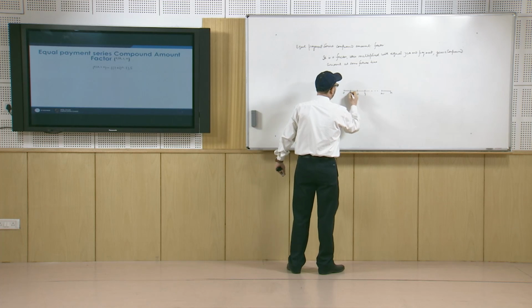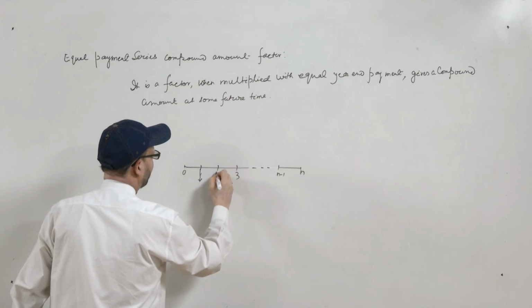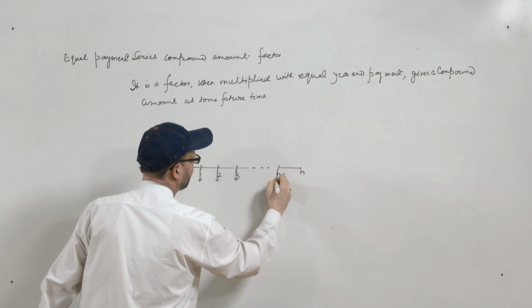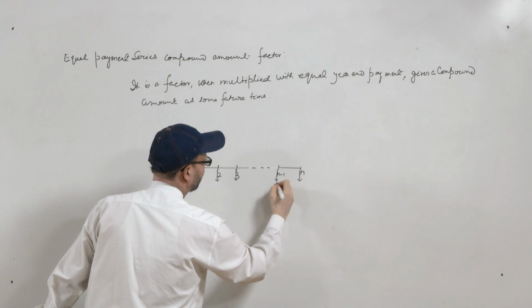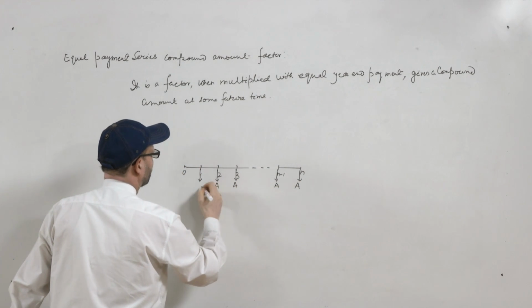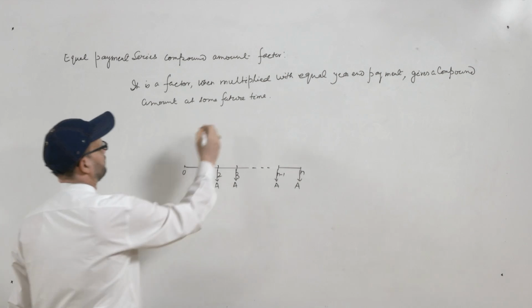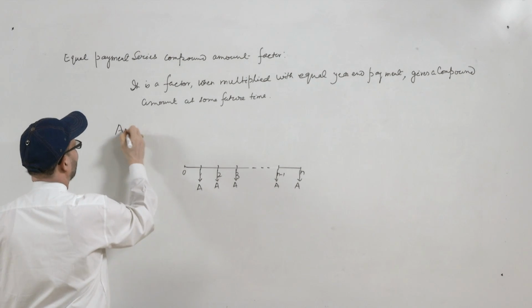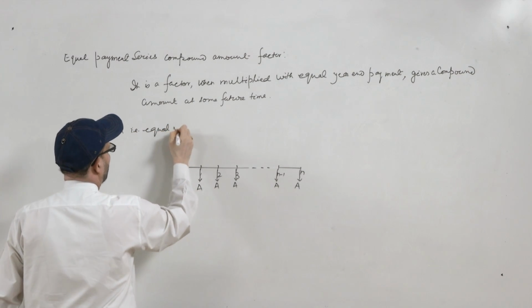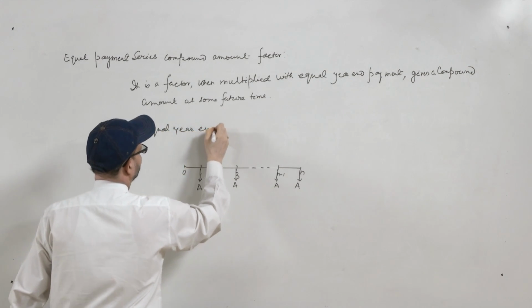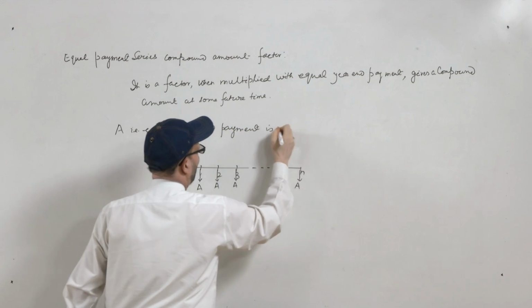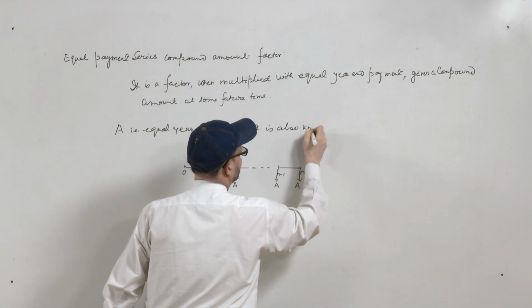Now, every year end you are paying certain equal year end payment, that is denoted by A. A is also termed as annuity.